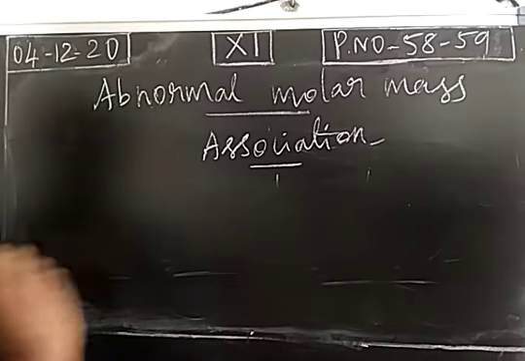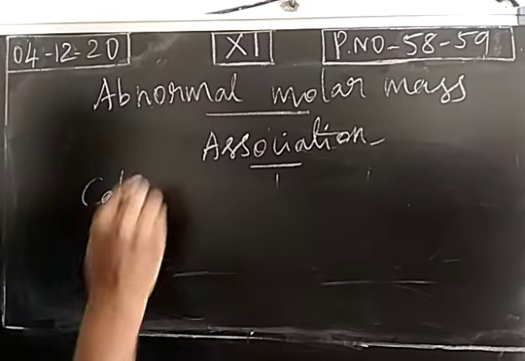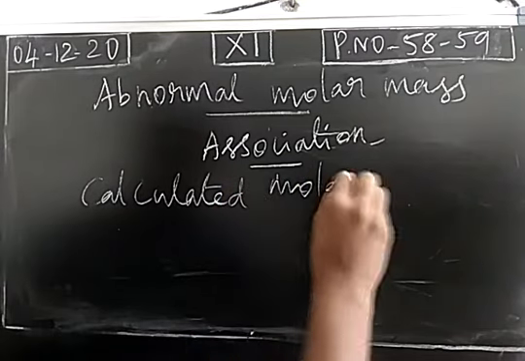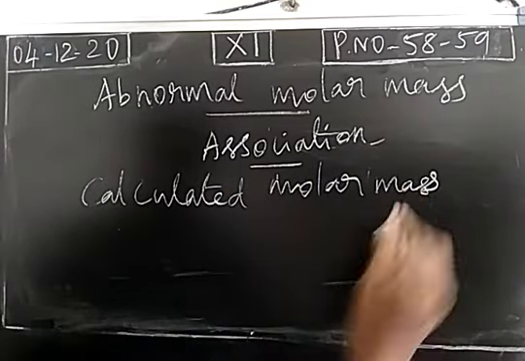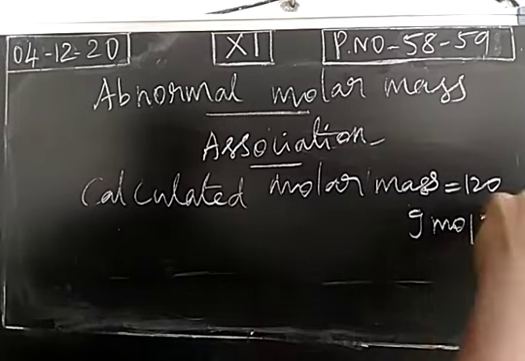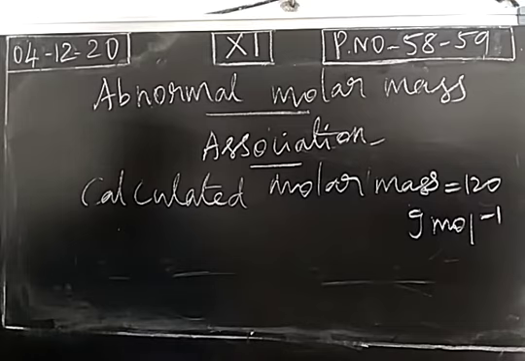Okay, for acetic acid, the calculated molar mass is 120 gram per mole. So with the help of colligative property, we have calculated the molar mass of acetic acid in benzene as 120 gram per mole.